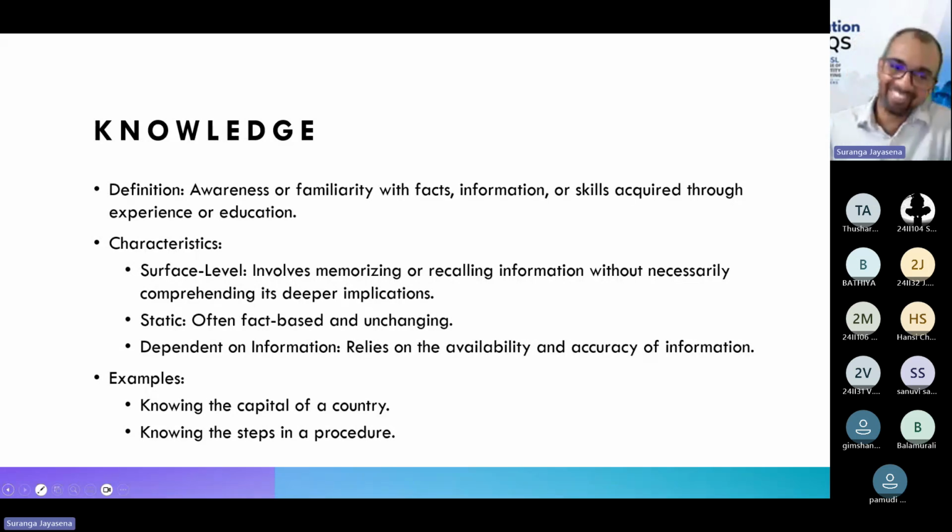Nobody knew it. So just knowing. That kind of thing you might get from a cookbook and just know it. So that is the kind of knowledge that you may have used in many of your exams. Just remember the things, write it back.